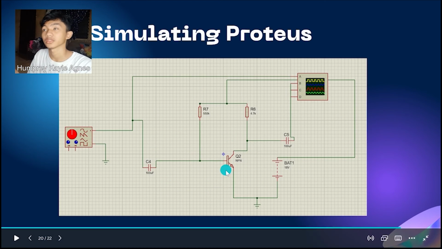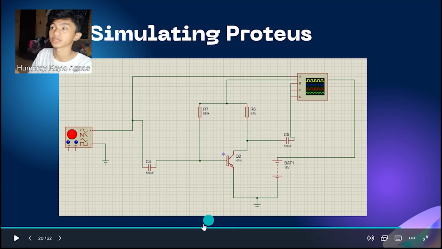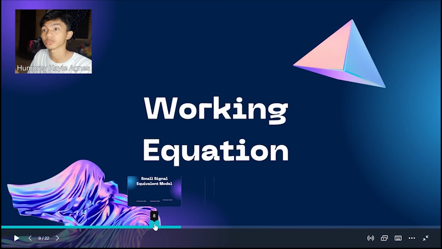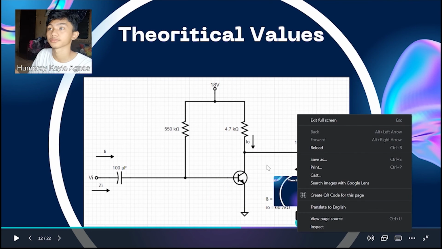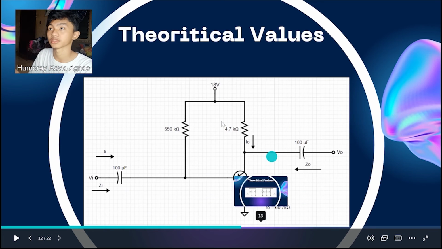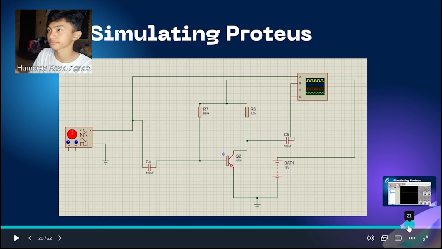So this is the circuit and how to find the voltage gain. We have our signal generator and our oscilloscope over here, our 18 volts battery. It's pretty much the implementation for the circuit in Proteus.